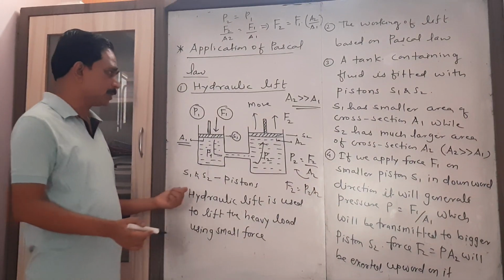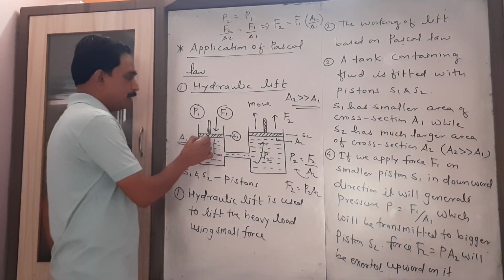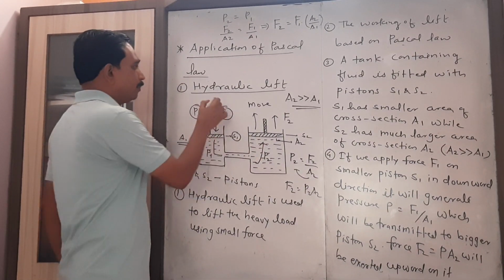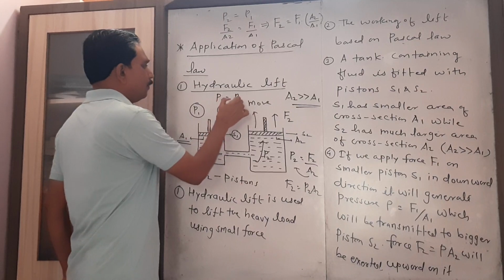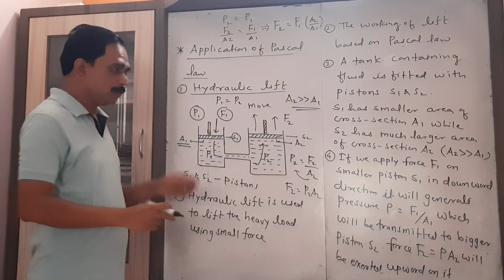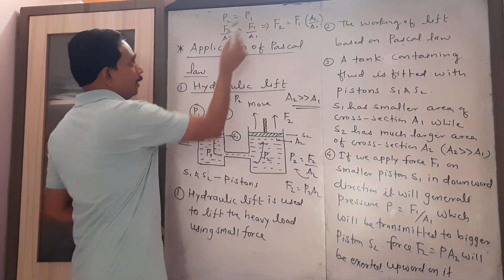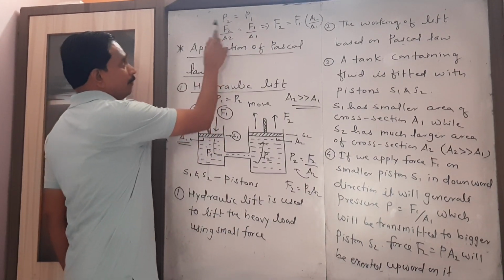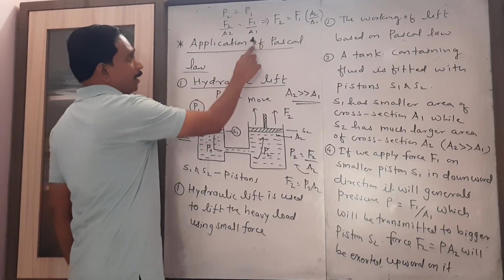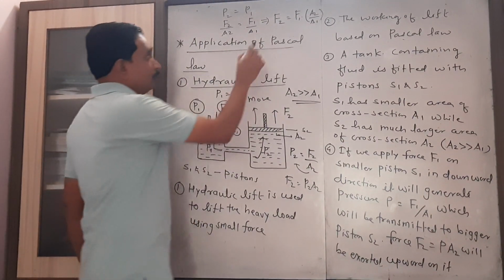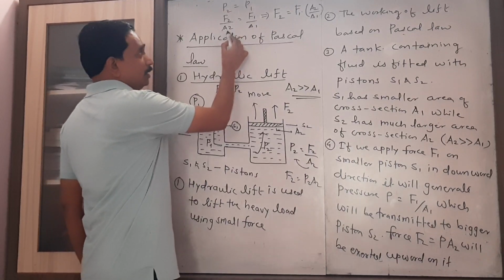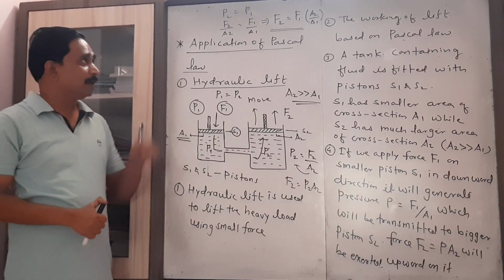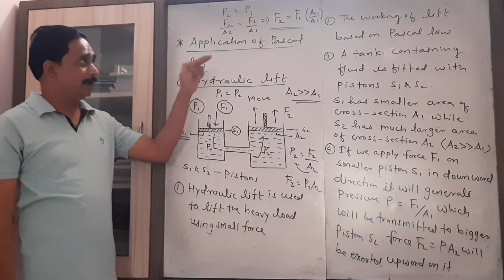Now according to Pascal law, whatever pressure we increase at one point is equally transmitted to the other point. So that's why we can take P1 equal to P2. If we consider P2 equal to P1, put the value of F2 upon A2, that is the value of P2, and F1 upon A1, that is the value of P1. If we move this A2 here, then we have F2 equal to F1 in brackets A2 by A1.